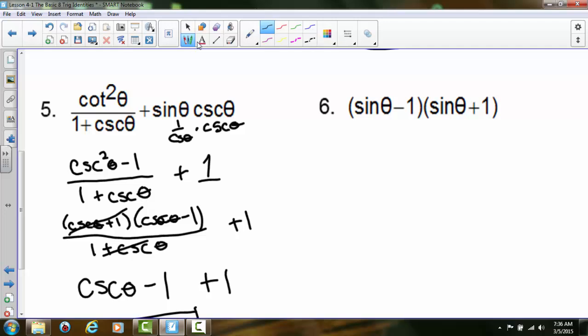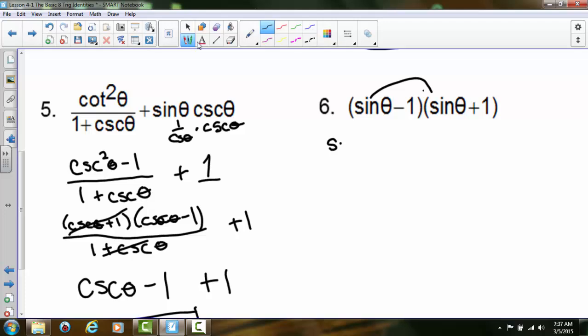All right, so I'm looking here and I'm like, that looks really weird. Okay, but then I looked, I said, oh, those look a lot alike, except this one's cosecant and this one's sine. So if I multiplied these two together, I should get, right, back to that a squared minus b squared. So I tried it out. I'm a hard sell sometimes.